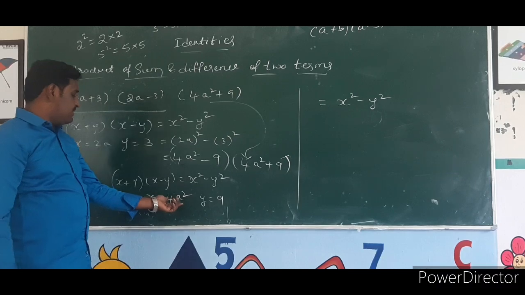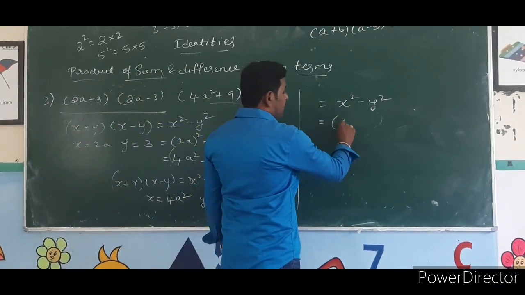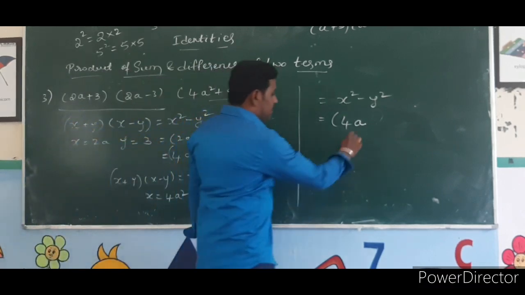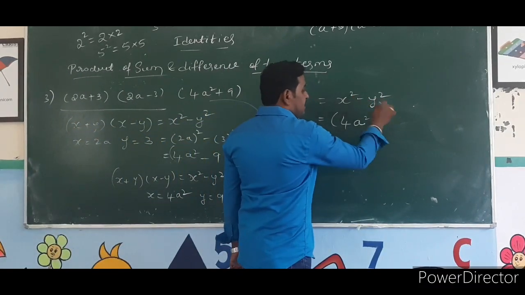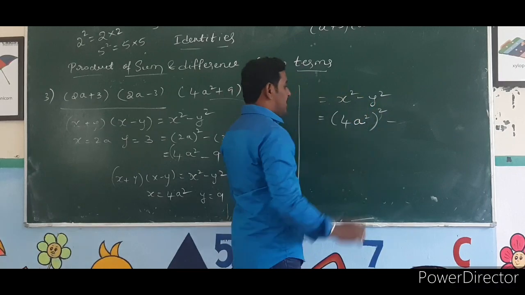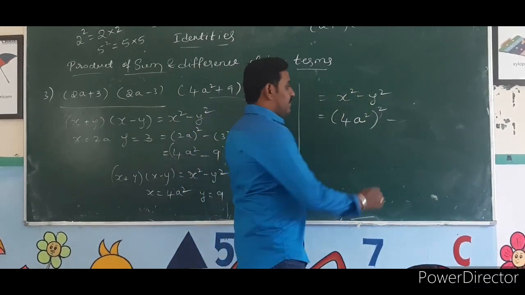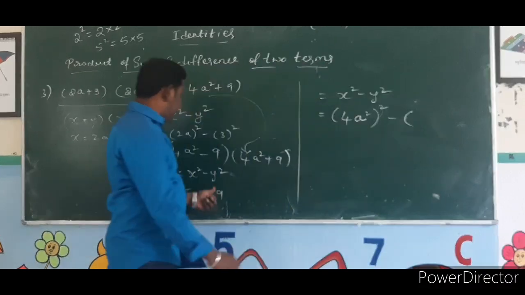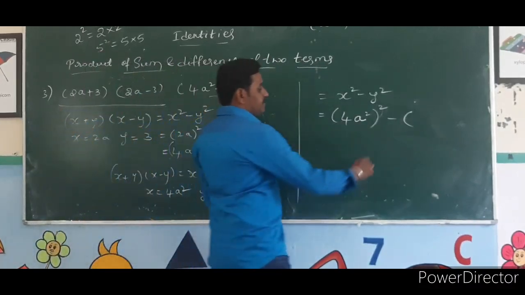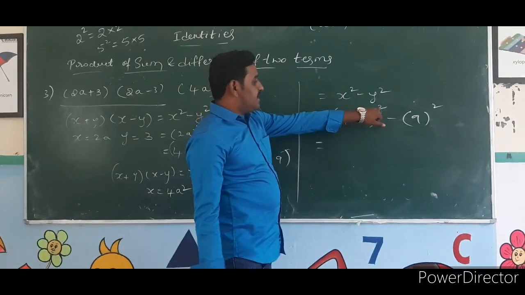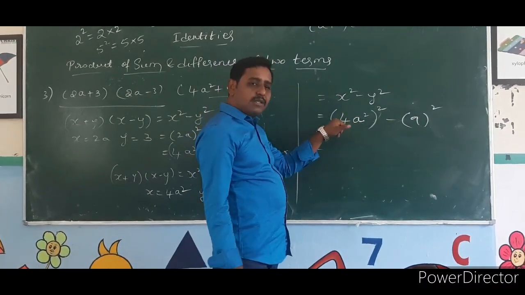X is 4a², and don't forget the square here. You have to write a square inside and outside also, because it is x². The x value is 4a², in brackets, whole squared, minus y value 9, whole squared. Here the square is applicable for both terms.